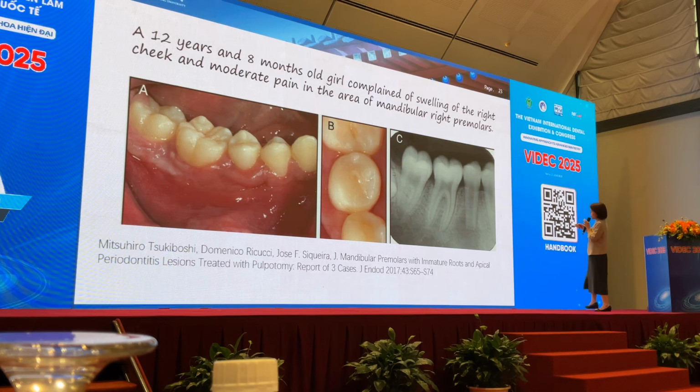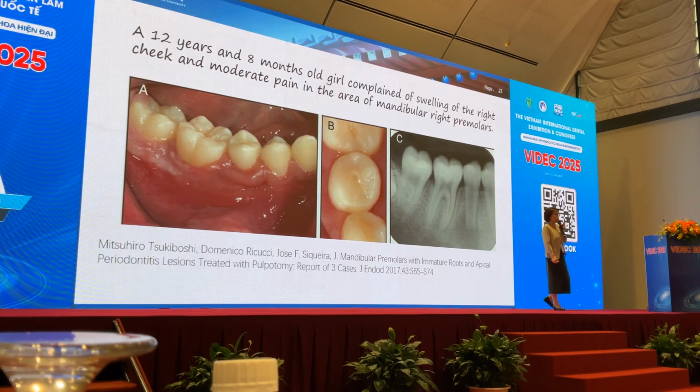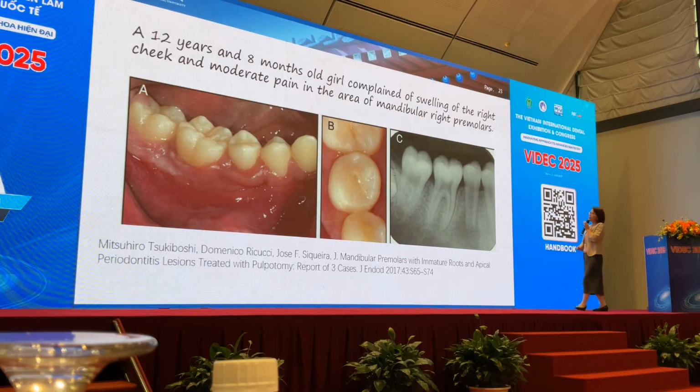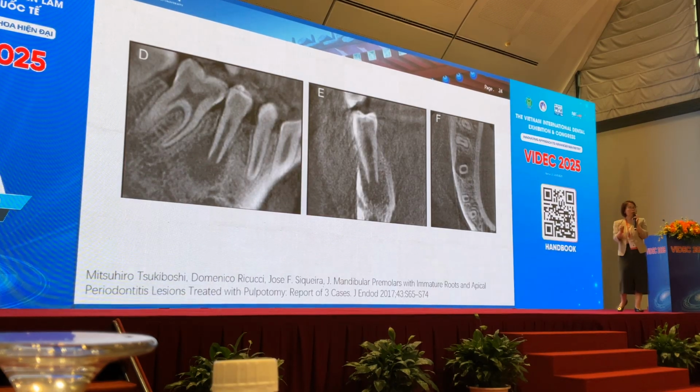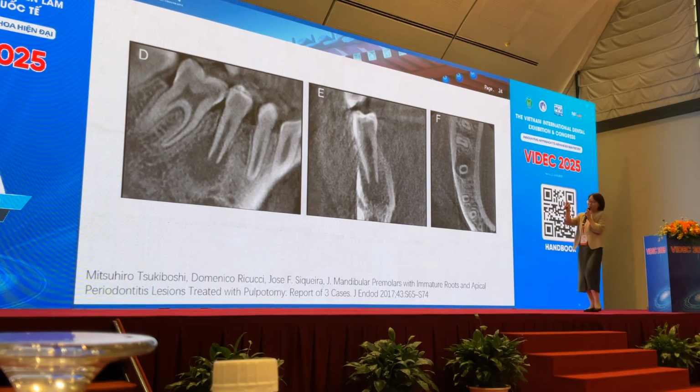And the radiograph shows a large radiolucence. And the CBCT scan confirms the result. It also shows a significant size of bone lesion, right? And the root is immature.